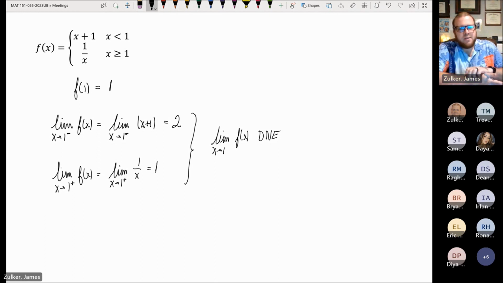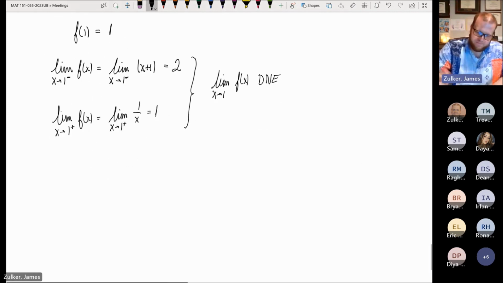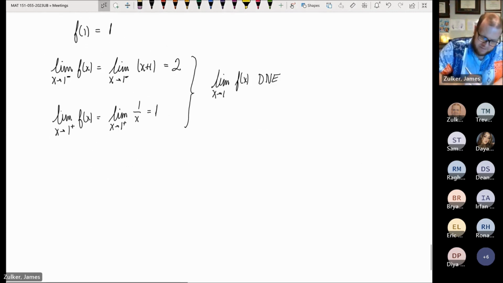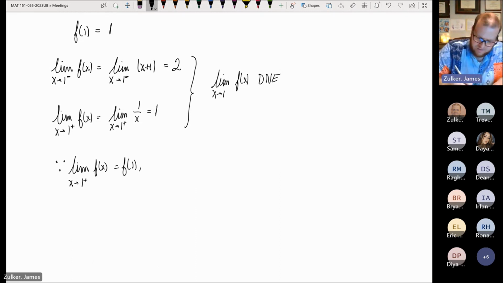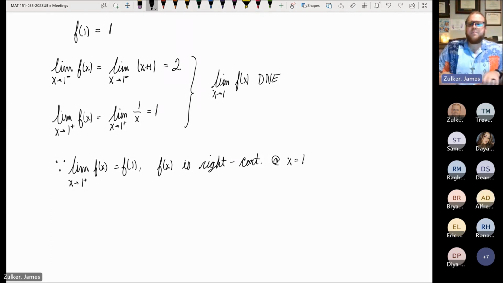It's the right-handed limit. So it's right continuous at x equals 1.